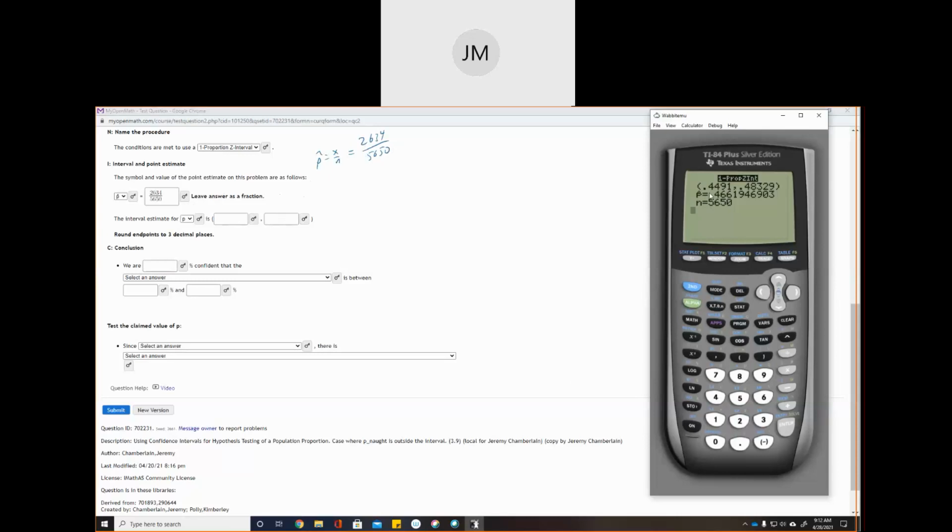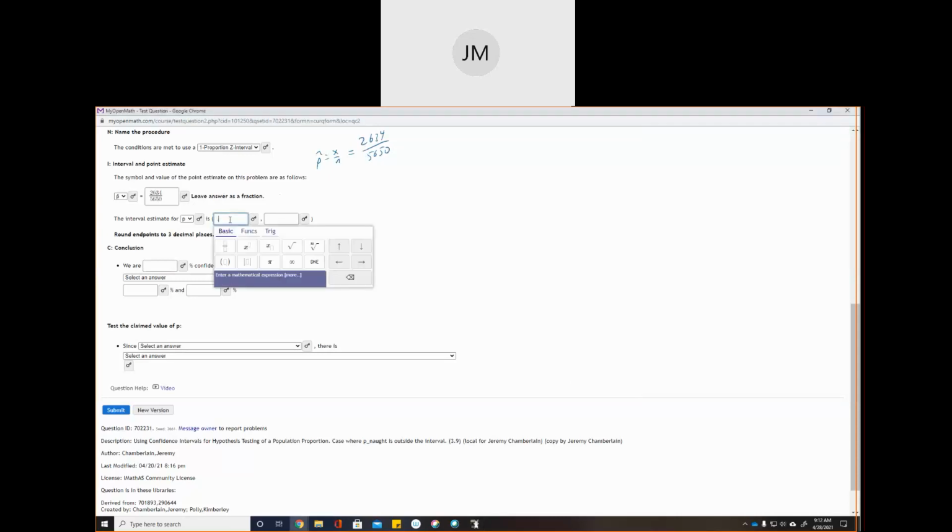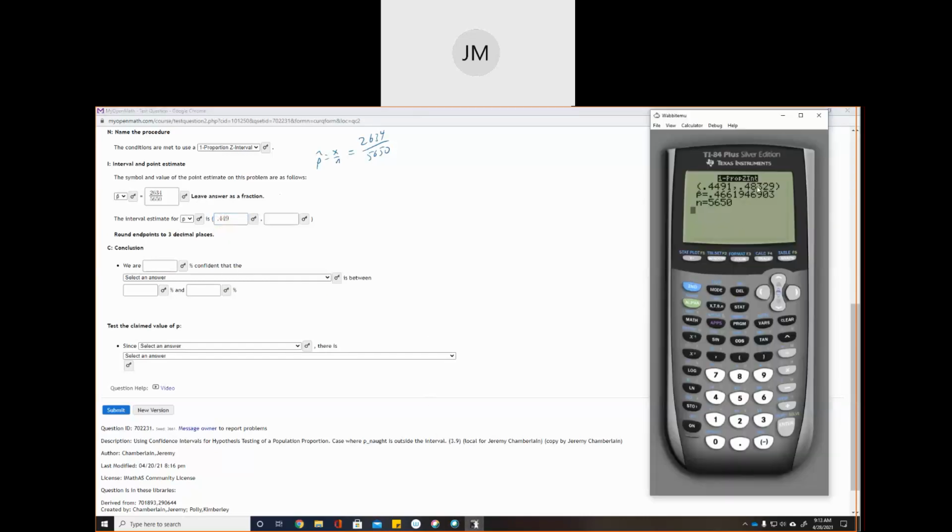Then our interval estimate is going to be 0.4491. It says to round to 3 decimal places, so that rounds to 0.449, to 0.483.